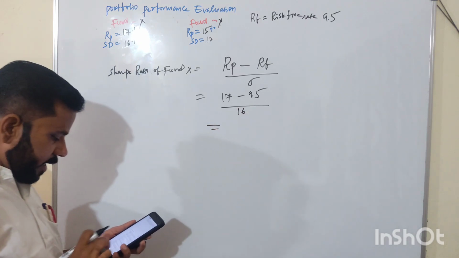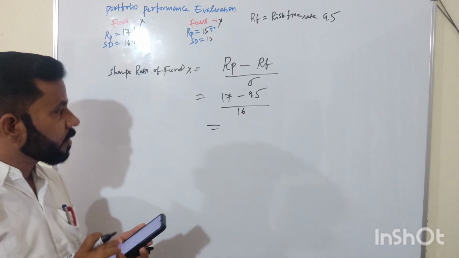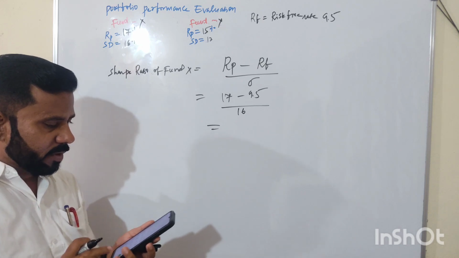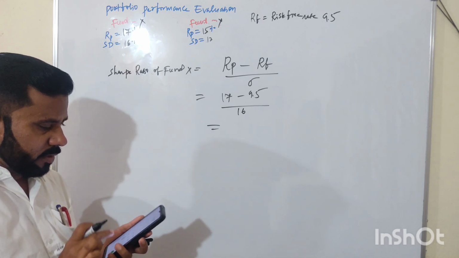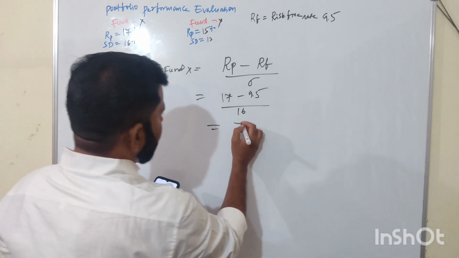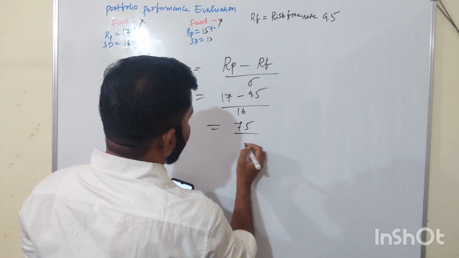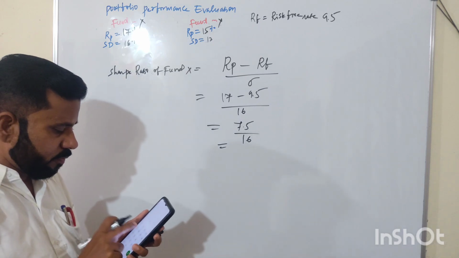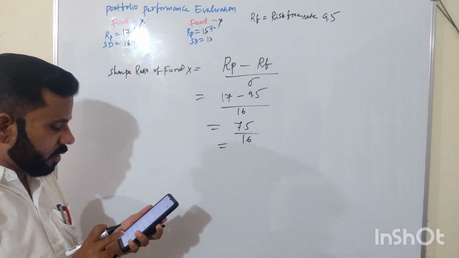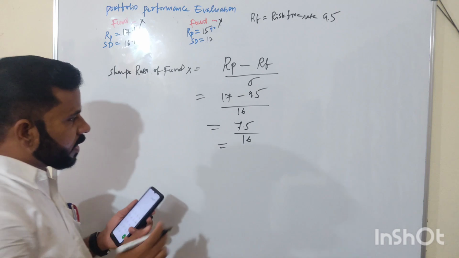Then let me calculate this. It's very simple, right? 17 minus 9.5, we get 7.5, divided by 16. 7.5 divided by 16, how much do we get?